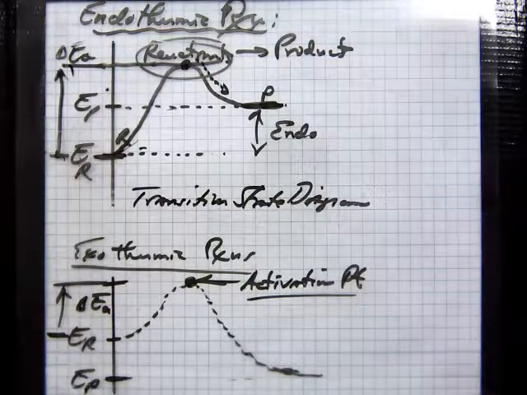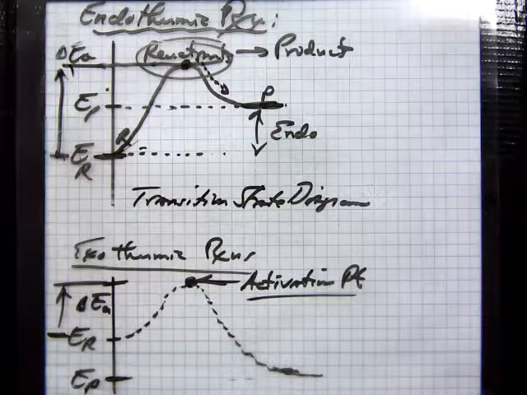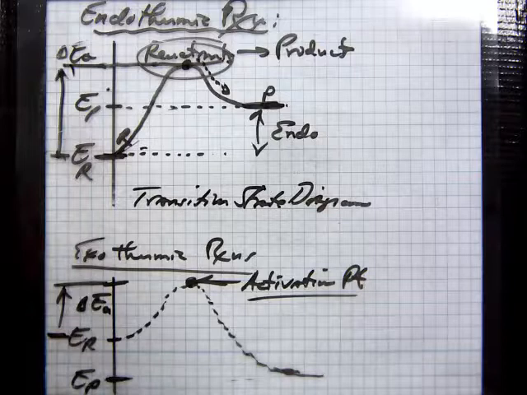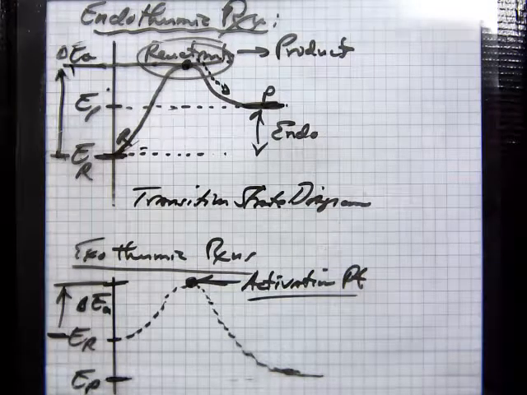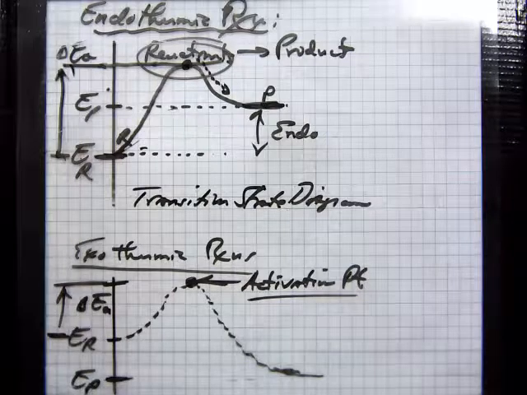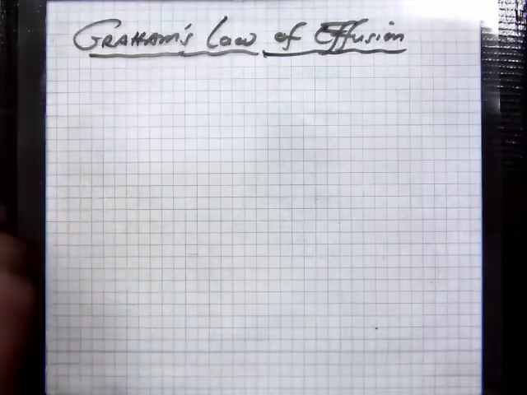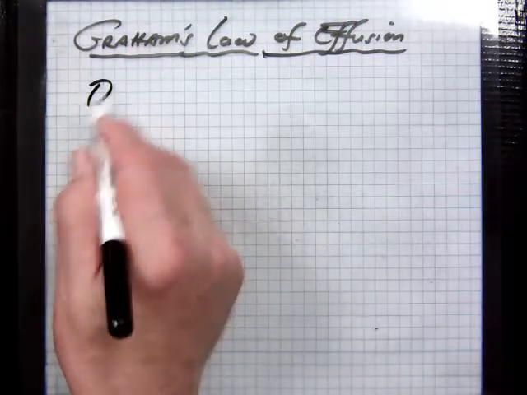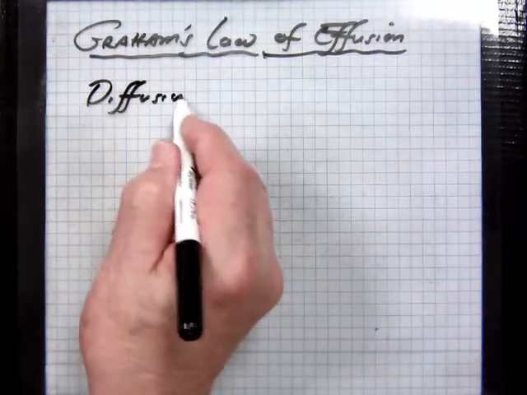Now, everything I'm giving you is qualitative in context. There are a couple of quantitative issues. We gave you one, which is the root mean squared equation, but another one that comes out of the kinetic molecular theory is Graham's law. We have two terms here that we need to be aware of: diffusion and effusion.